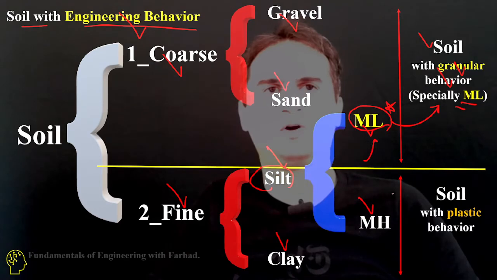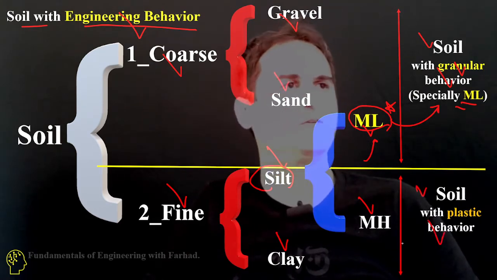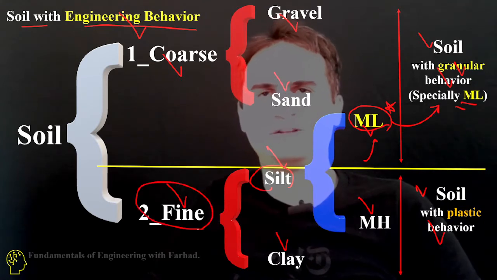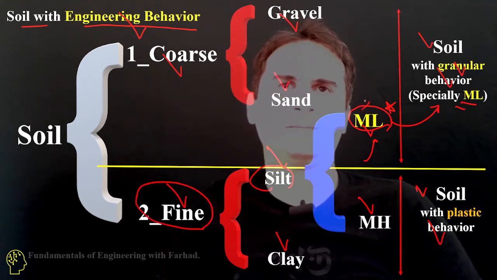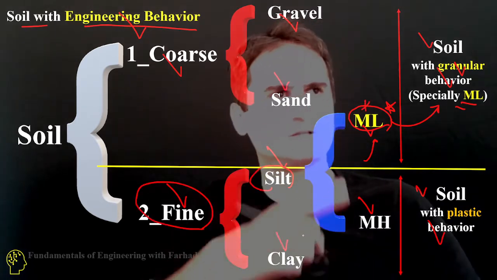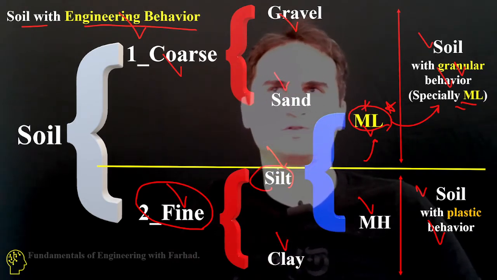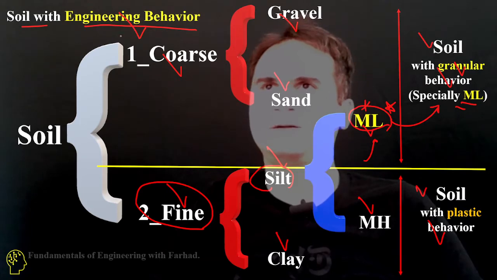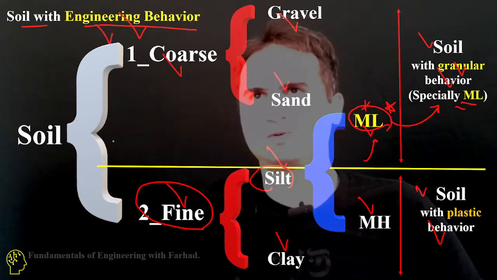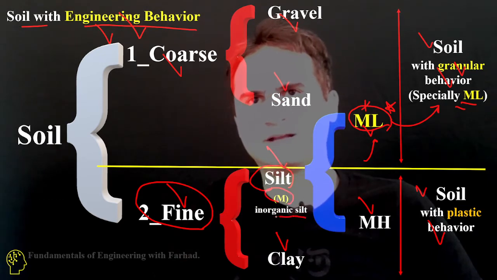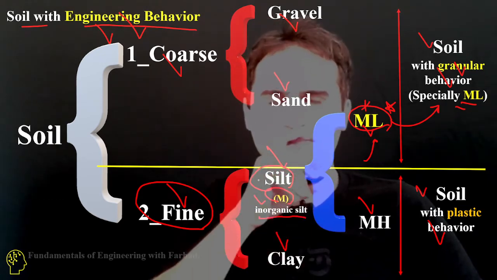The other part is soil with plastic behavior, which is most of the fine material soil except MLs, which behave like granular soil in terms of engineering separation of soil. And again, capital M stands for silt.